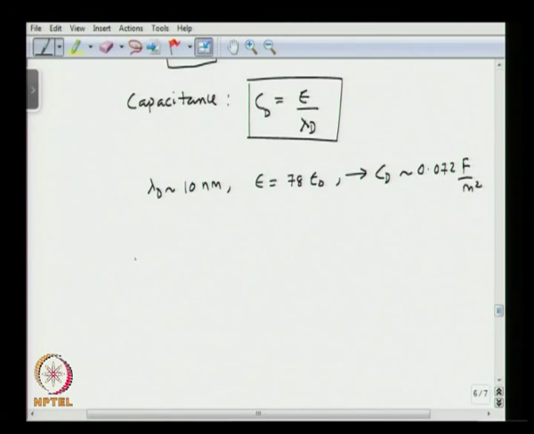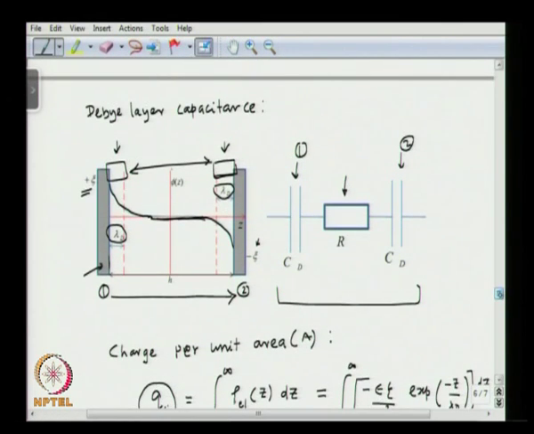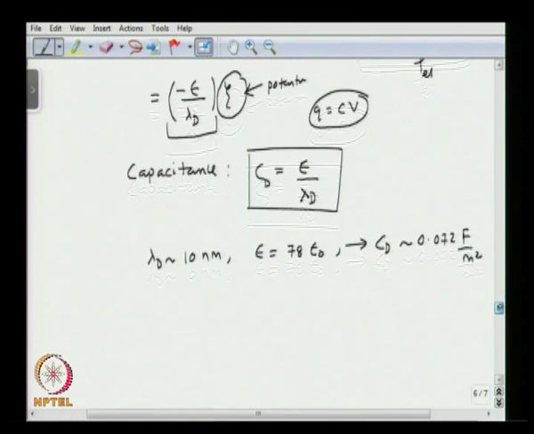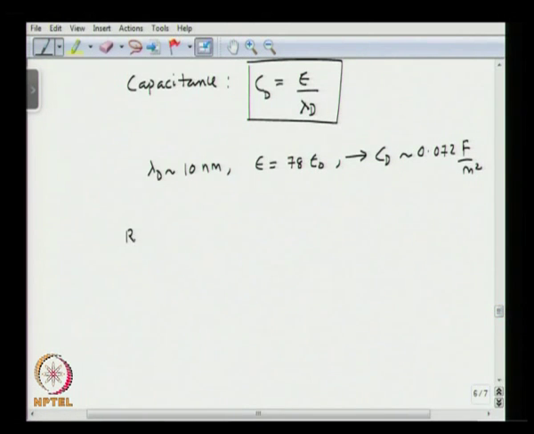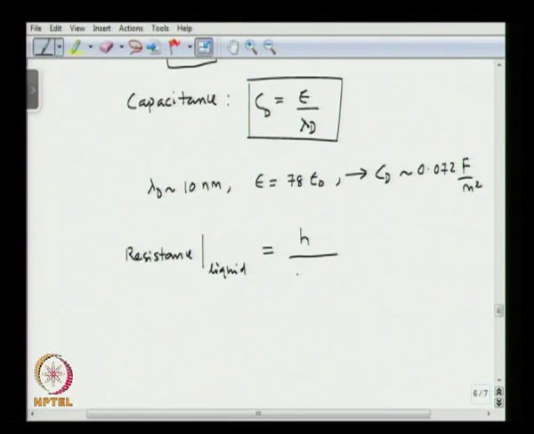Now we have a liquid which is having finite electrical conductivity, okay. So the liquid that is present between these two plates has finite electrical conductivity, so you know its resistivity also, which is the inverse of the electrical conductivity. So from there we can say the resistance of the liquid will be the thickness divided by the electrical conductivity.